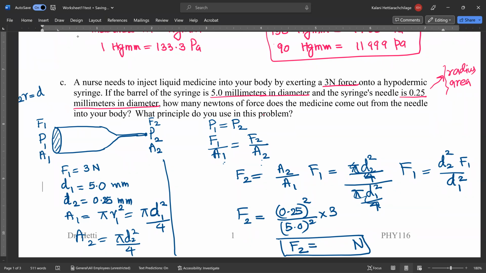You have F1 of 3 newtons and you inject medicine from that side, and you have the same pressure, but my cross-sectional area is now lower. When the cross-sectional area is lower, to make it equal, the force that comes in the liquid should be what? Is it greater or less? Okay, so that will be less than what you applied in F1. So 0.0075.